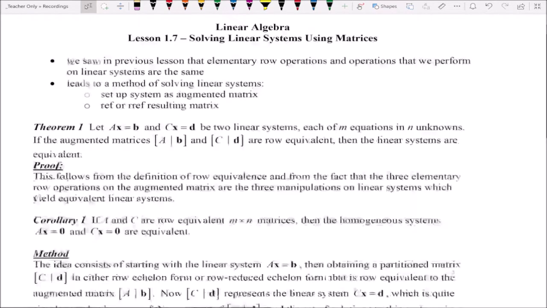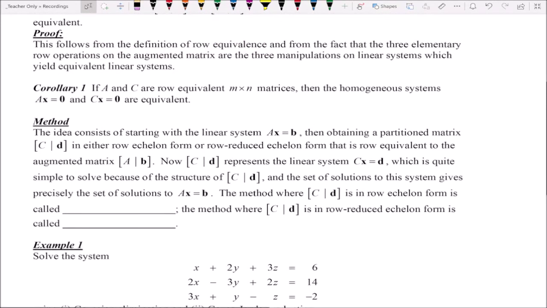Now for the actual method itself. The idea consists of starting with the linear system AX equals B, then obtaining a partitioned matrix C augmented with D, in either row echelon form or row reduced echelon form, that is row equivalent to the matrix A augmented with B. Now, the matrix C augmented with D is going to represent the linear system CX equals D, right?